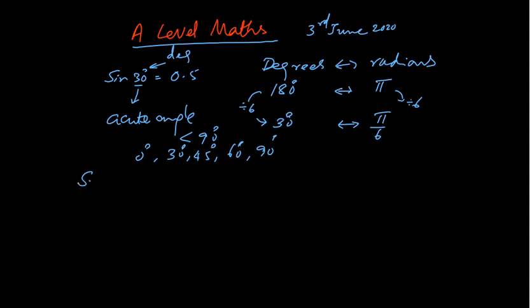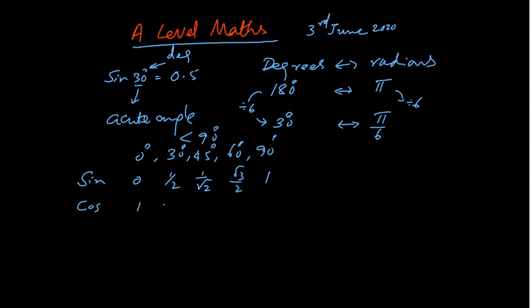For example, sine 0 degrees is 0, sine 30 is 1 half, then 45 is 1 over root 2, and then 60 is root 3 by 2. You don't need to memorize them. I'm just writing this standard just for reference.